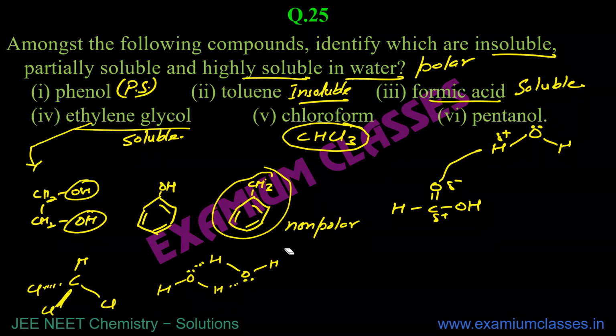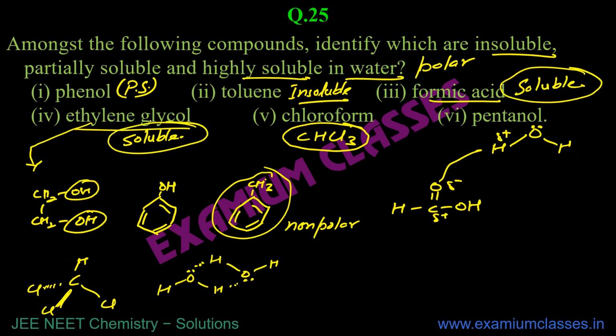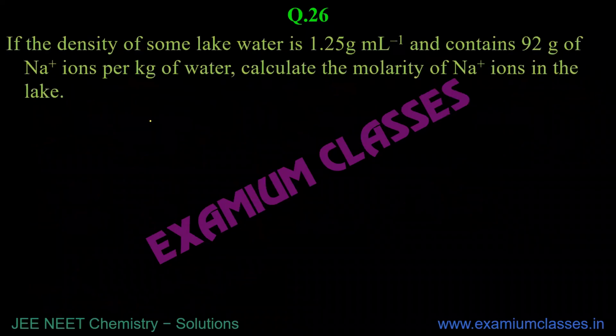And if you consider whatever I said soluble, both were forming hydrogen bond. So try to understand and remember this logic. It will be soluble if it can form hydrogen bond, because in water there is already hydrogen bond. So that is the first case, which is not happening here.